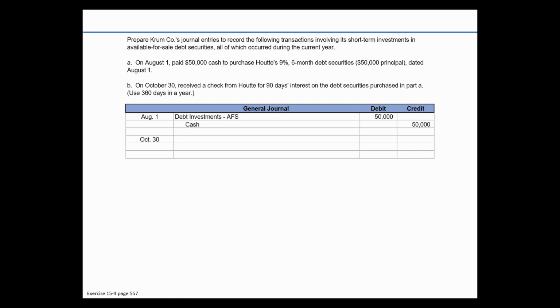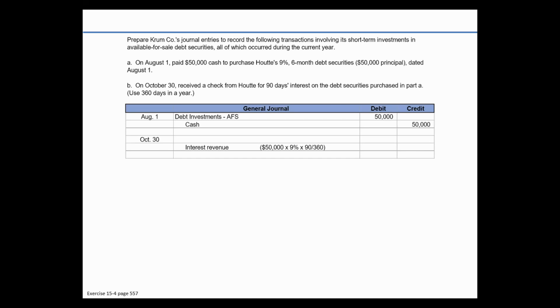Now, on October the 30th, we received a check from HOTI for 90 days interest on the debt security purchased in that. Again, use 360 for a year. So we figure out the interest, and that would be $150,000 multiplied by the interest rate, which is 9%, multiplied by the amount of time that has passed. In this case, it's 90 days.